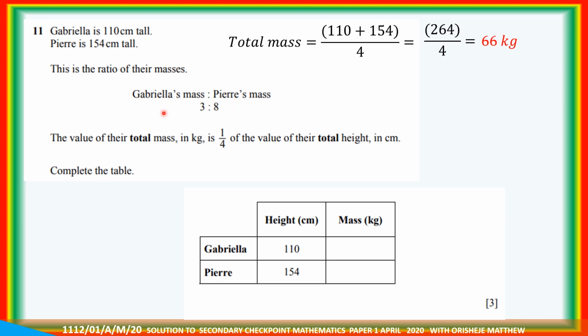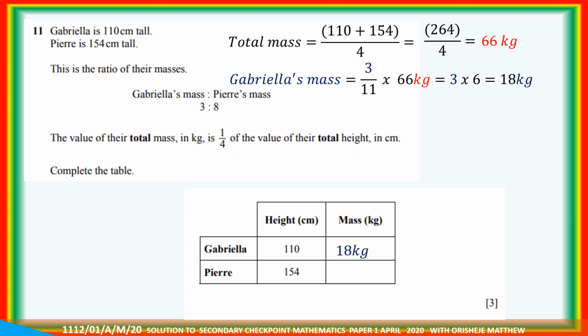To get each of their masses, you use the fraction of their masses to multiply the total mass. So for Gabriella, it is going to be 3 over 11 multiplied by 66. 11 going into 66 will give me 6. So 6 multiplied by 3 will give me 18 kg. So Gabriella is 18 kg.